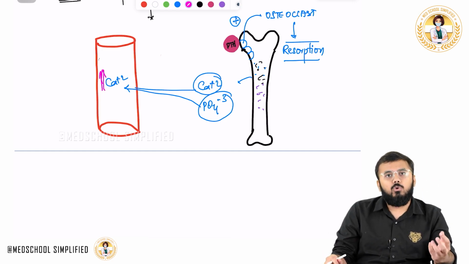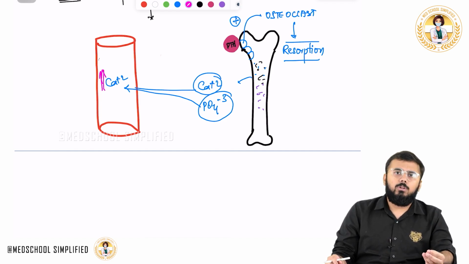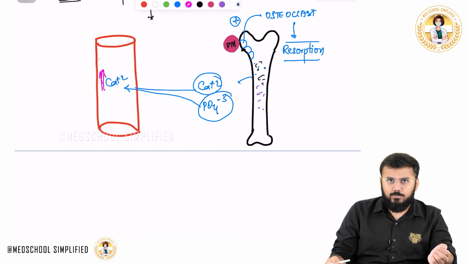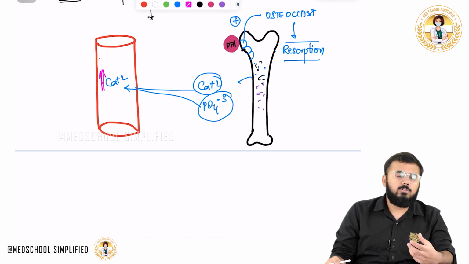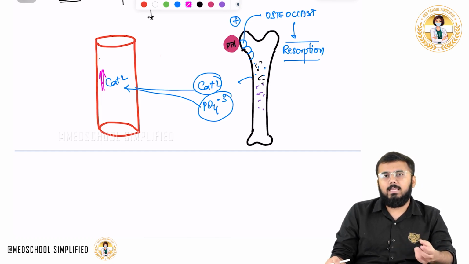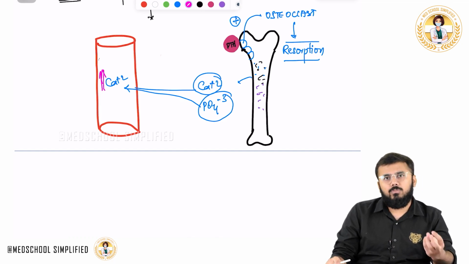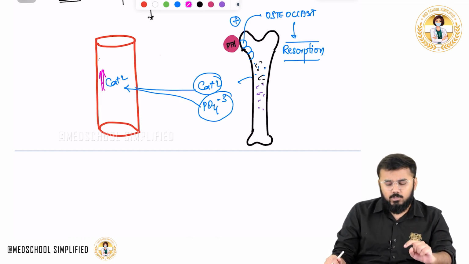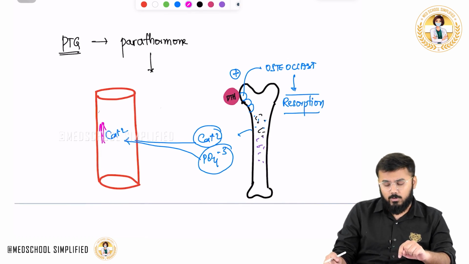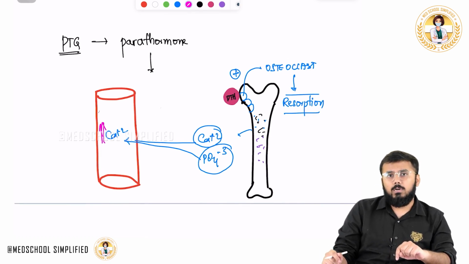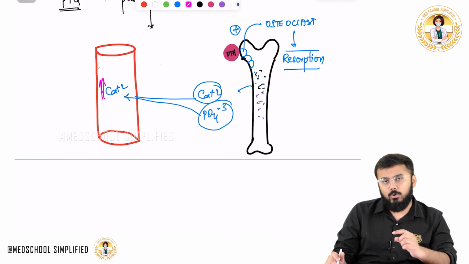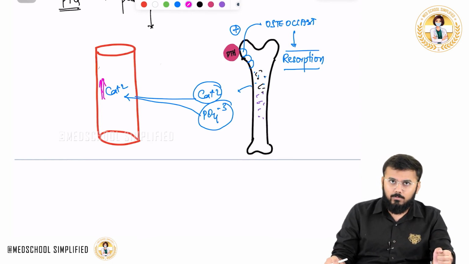So whenever there is low calcium within your body, whenever, let us say, you are eating food which has no calcium, let us say a patient is completely malnourished and is not taking any kind of nutrients, obviously there is no sufficient amount of calcium in his body. In that case, your parathormone will go and do the resorption on the bone, and it brings the calcium back to normal.